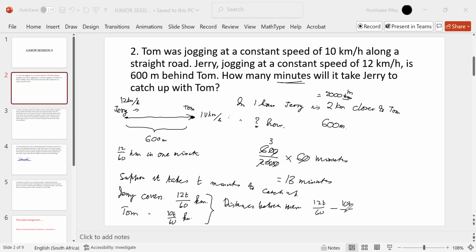So the distance between the two is the difference between these two. Okay? And you want that distance to be 0. No, you want that to be 600. Sorry.